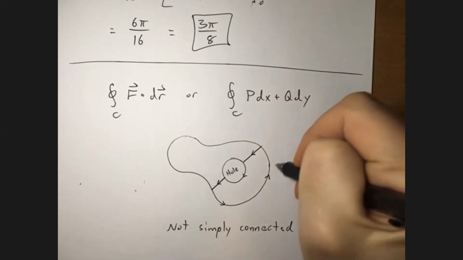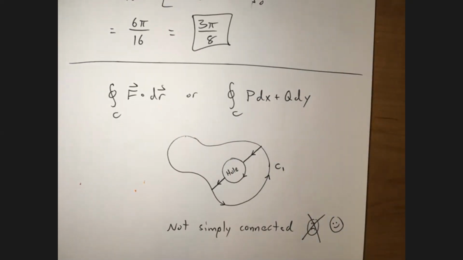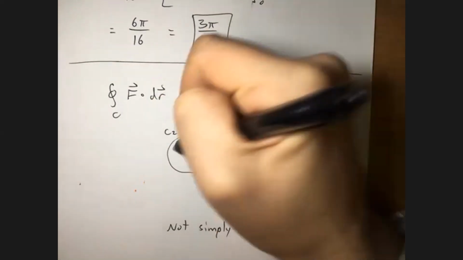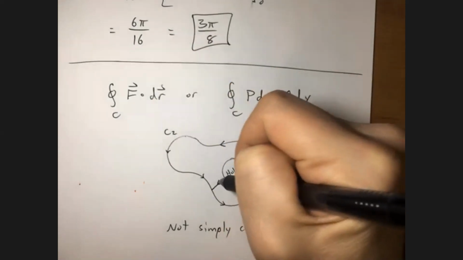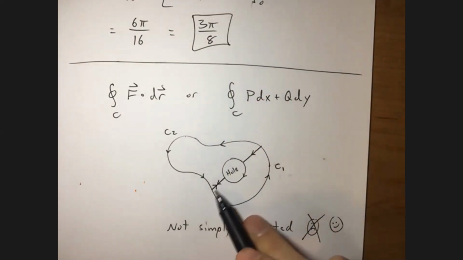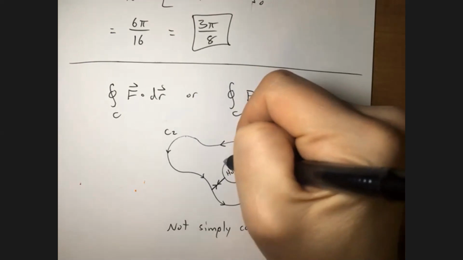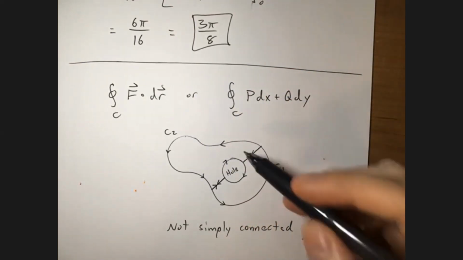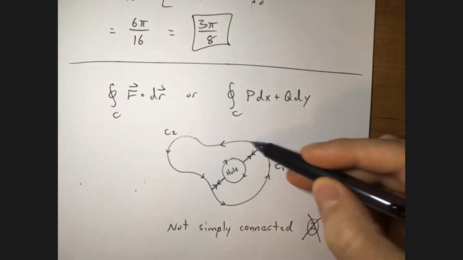That's curve 1. Then I'll also integrate along curve 2. Curve 2 comes along here, goes the other direction over here, comes up along the top of the hole, and then comes back this way. So curve 2 goes counterclockwise this direction.